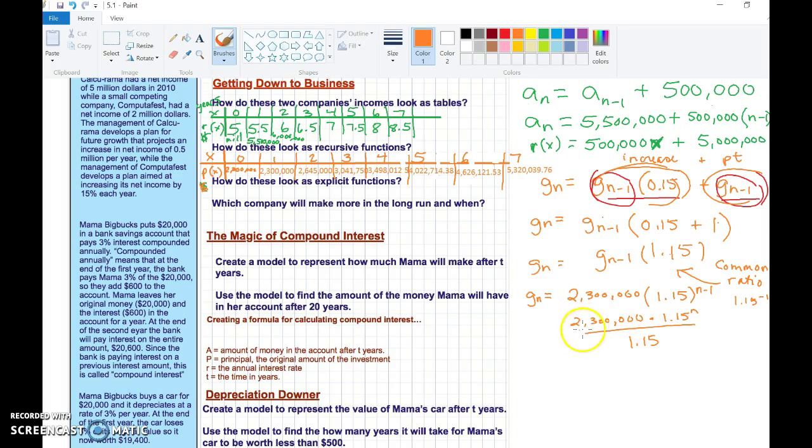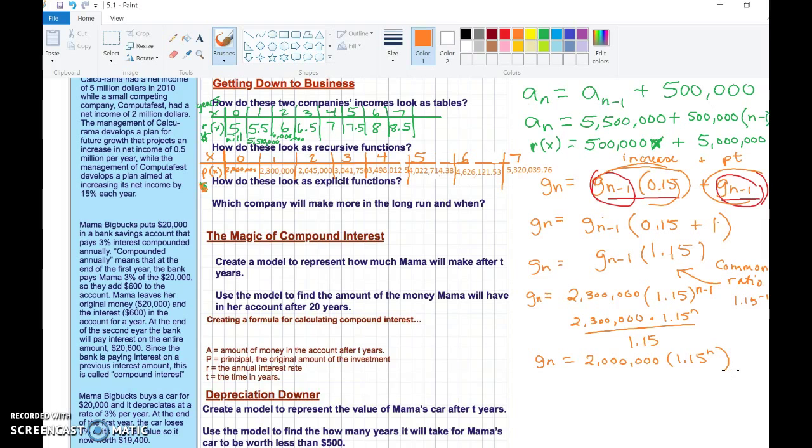But I could divide 2,300,000 by 1.15, and you can take out your calculator and see what you get. Divide 2,300,000 by 1.15, and what you'll end up with is G sub n equals what we originally started with, which was 2 million, times 1.15 to the n power.